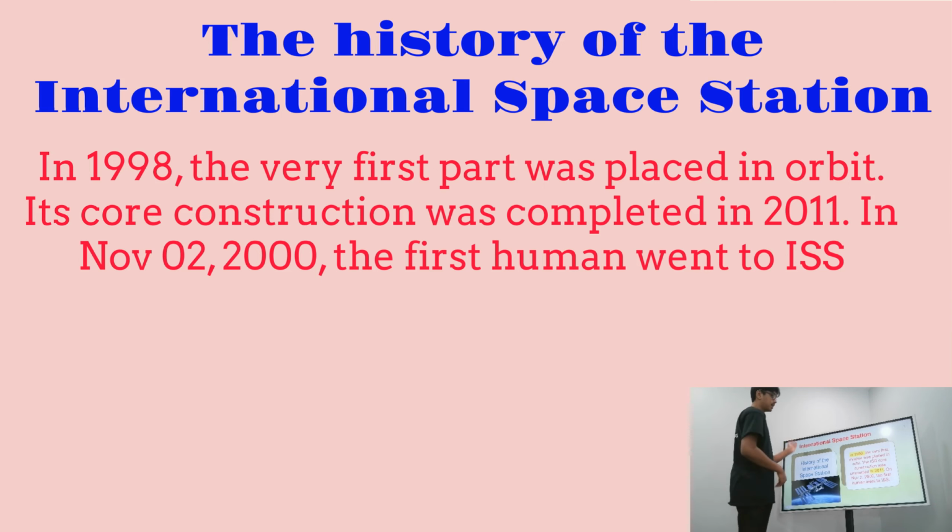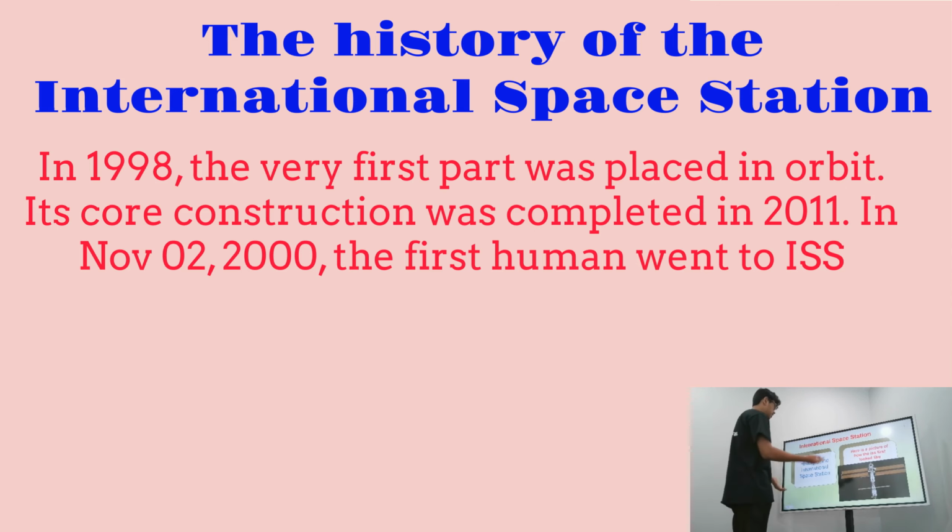Way back in 1998, actually it wasn't that long ago, the very first module started to orbit the Earth. Then the core construction was completed in 2011, so basically everything was completed and functional. And on November 2nd, 2000, that was the first time an actual human went to the ISS. So that's a little bit about the history of the International Space Station.